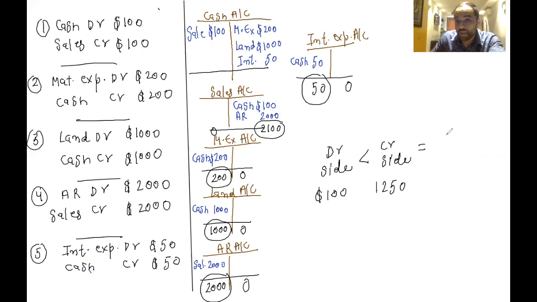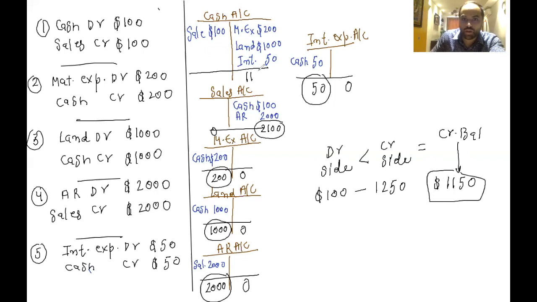So your balance is a credit balance. You will write the answer on the credit side. And how much? The difference. Difference is 1150. So this is the credit balance 1150 of your cash account.